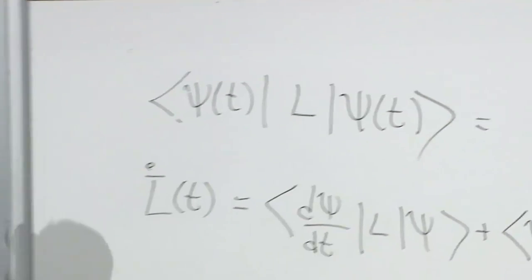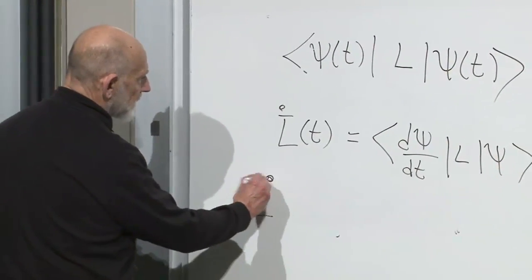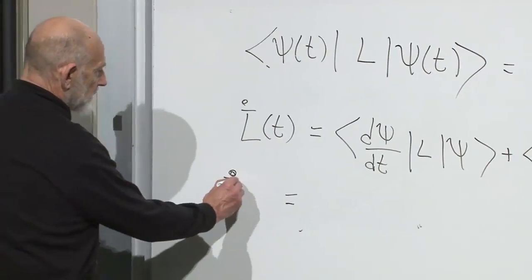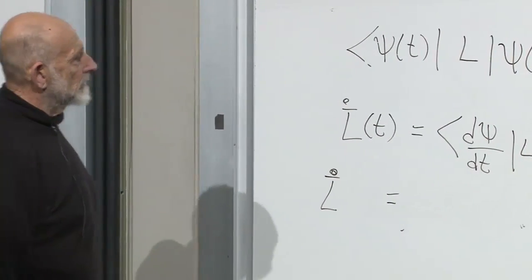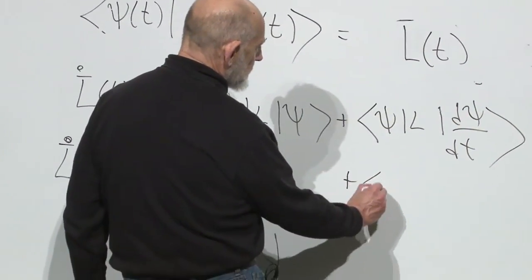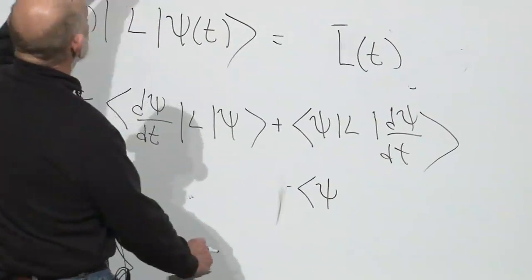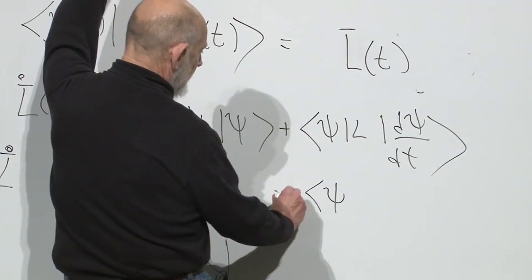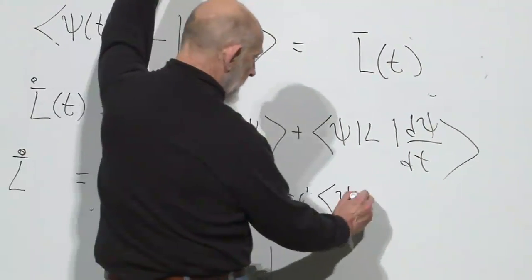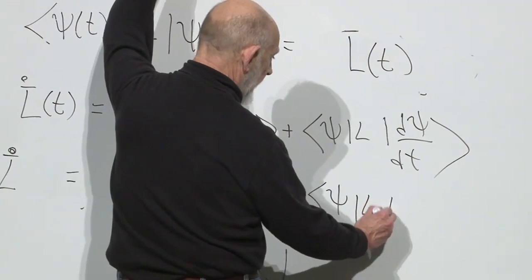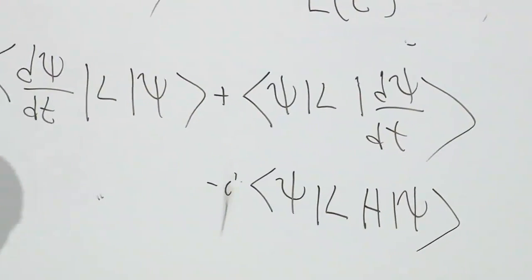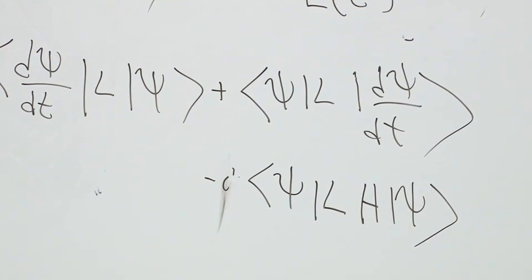Let's just plug in, and we'll get L dot. Okay, let's do this one first over here. This one is going to be plus psi, and there's a minus sign from here, minus i psi L H psi. That's what we get from here. How about the other one?